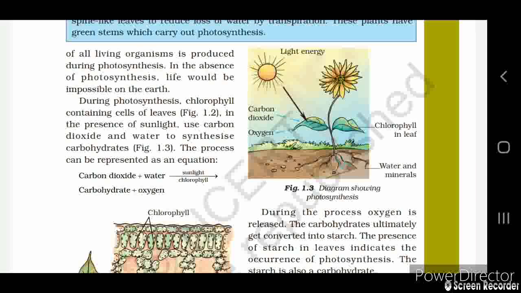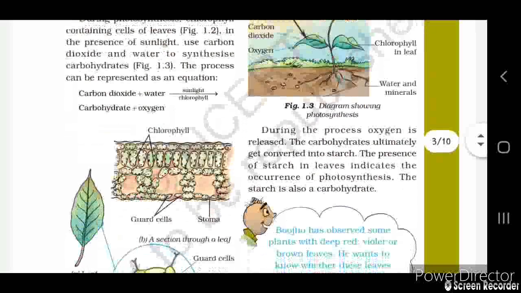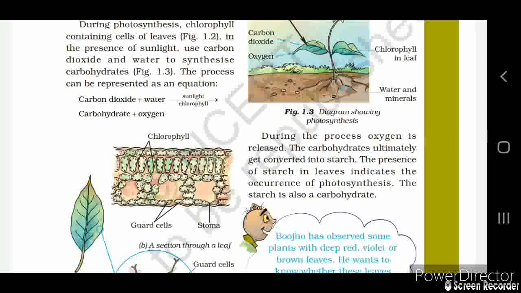The process can be written in the equation as carbon dioxide plus water gives carbohydrate plus oxygen. It involves sunlight and chlorophyll.